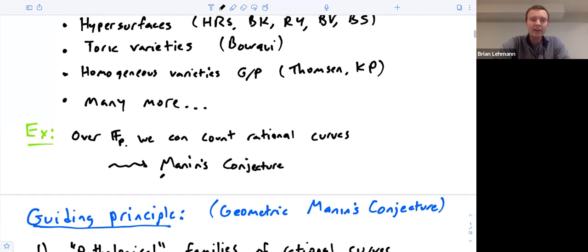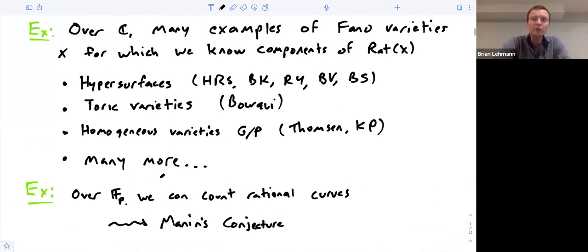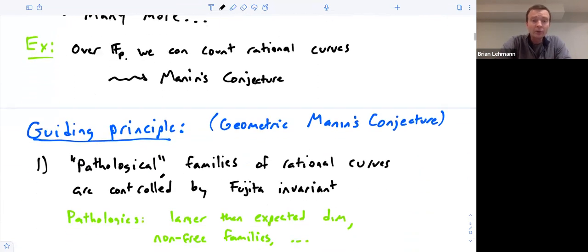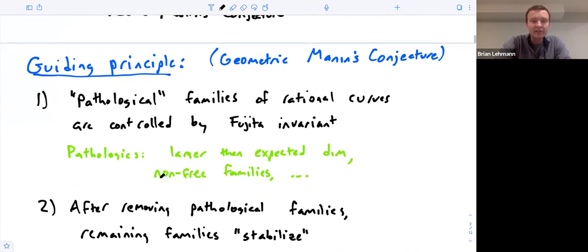So in general, you might ask, how should we expect these components of the moduli space to behave? How should we understand them? I wanted to advertise this guiding principle, which is known as geometric Manin's conjecture. It's combining ideas of a few different people.